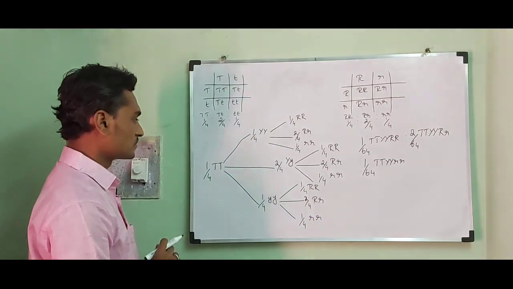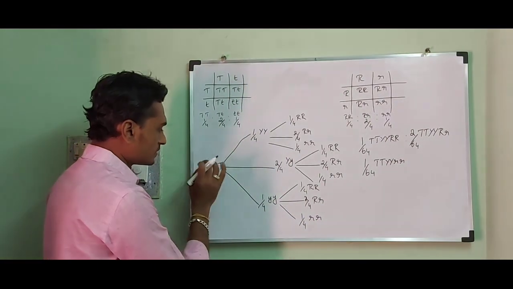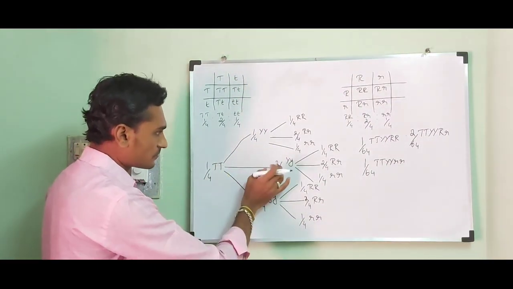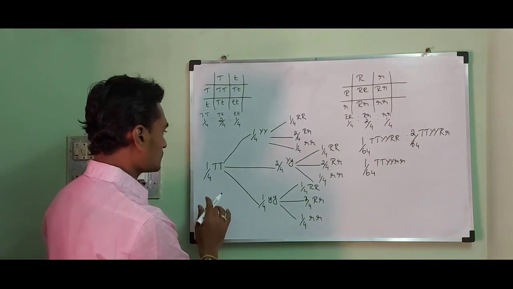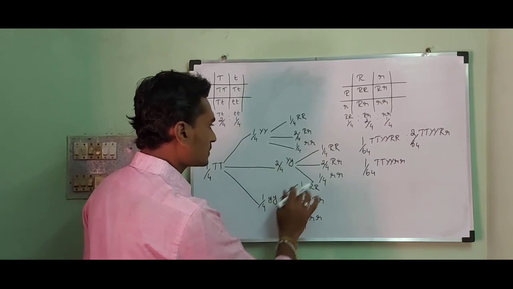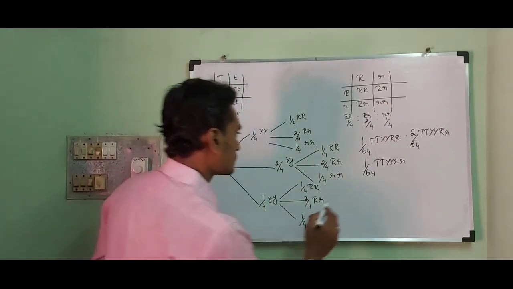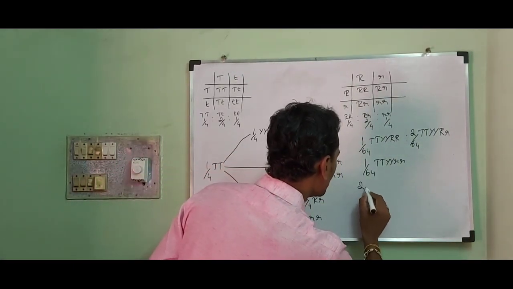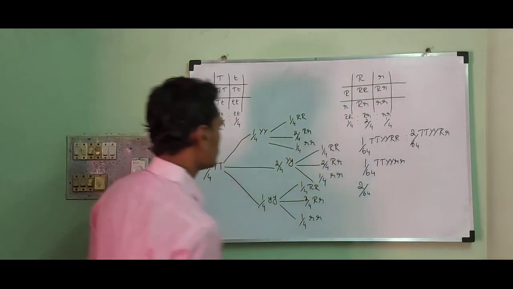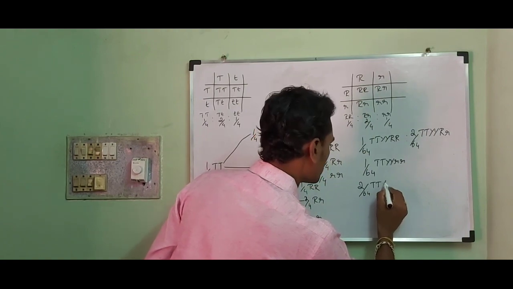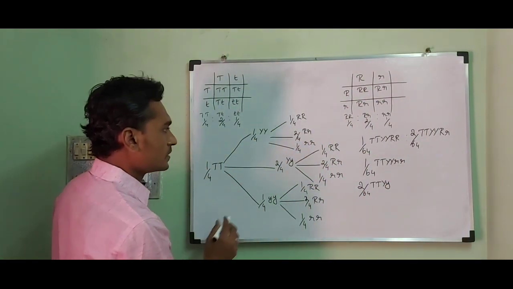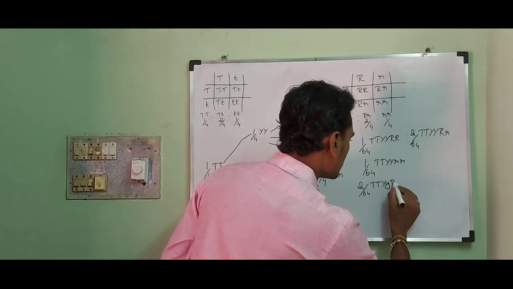Likewise, I am going to multiply this value with this value. So 1 by 4, here 2 by 4, here 1 by 4. So in total 2 by 64 capital T capital Y small y capital R.